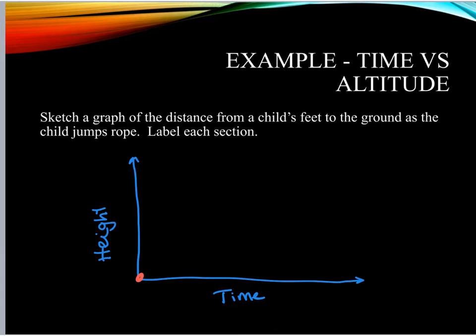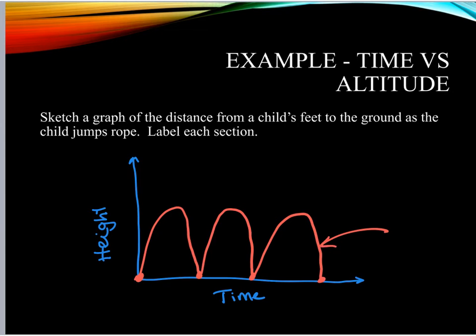From the child's feet, what's going to happen is we are going to start out at the ground at time 0. The jump rope is going to come around, so that child is going to jump and their feet are going to land back on the ground. Then they're going to jump and land back on the ground, and this is going to continue. So you can tell that each one of these bumps here is where the child is jumping.